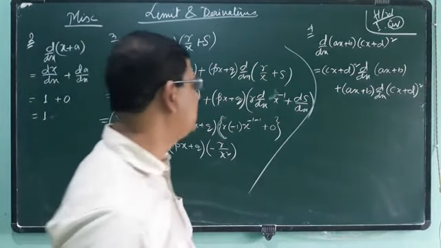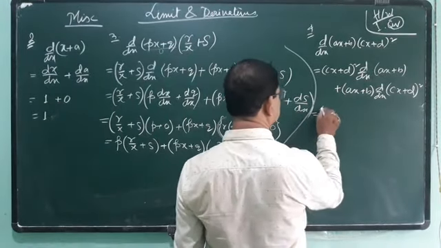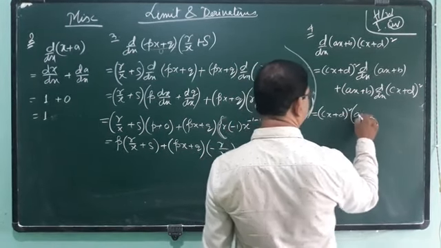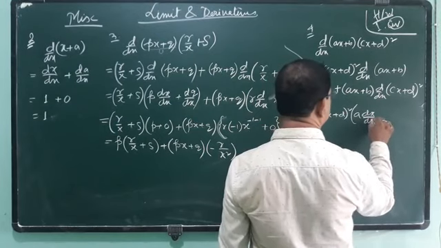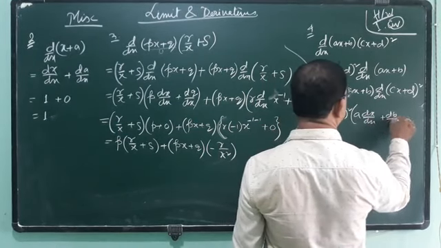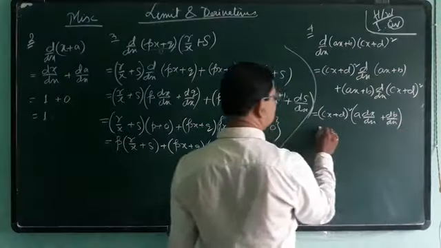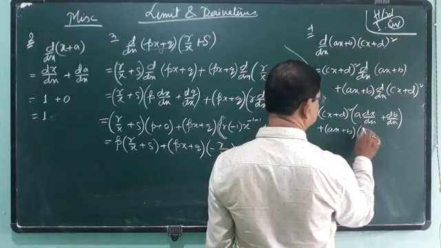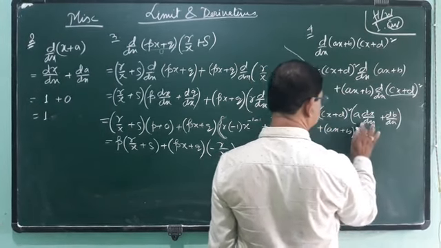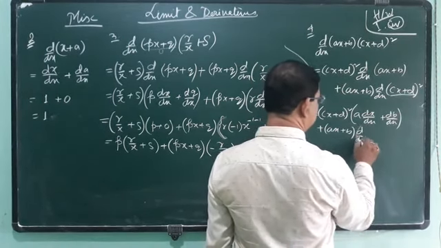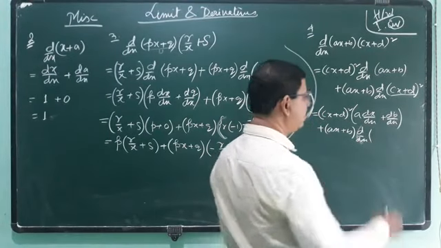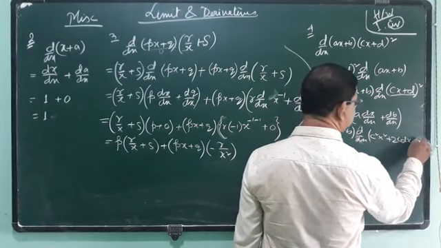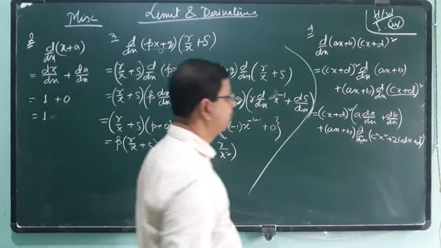So that way we can write (cx + d) whole square, a dx/dx, dv/dx, plus (ax + b). Here, if we break, then it is the (a + b) whole square formula: c square x square, twice cdx, plus d square.